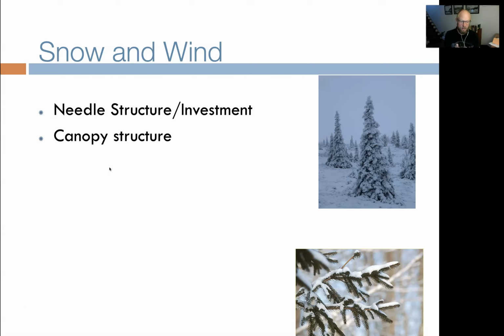So when you've got lots of wind blowing around and blowing these particles around, the high LMA of evergreen gymnosperms allows them to hold up against those environments, whereas for a plant with really low LMA, those leaves would just be torn to shreds. Okay, so that's about how the needle investment is an adaptation to these conditions.